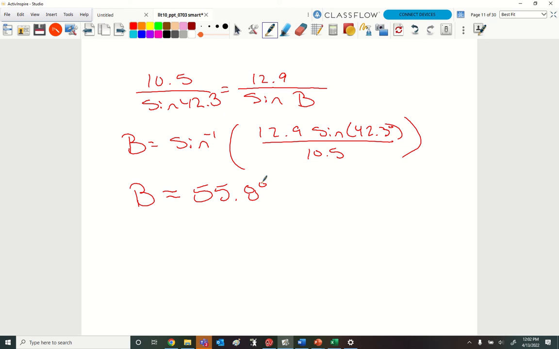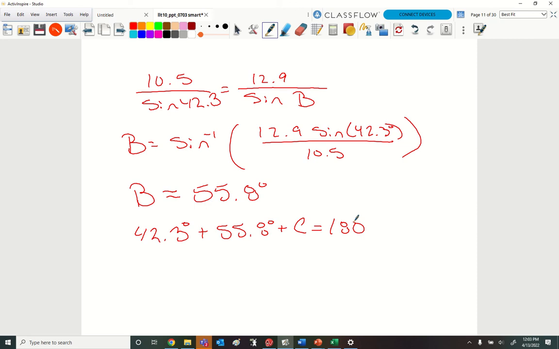So to find my last angle, since I already have all three sides, I'm going to do, so angle A we said was 42.3 plus angle B, which is 55.8, plus angle C is equal to 180. Remember, all three angles together have to add up to 180.